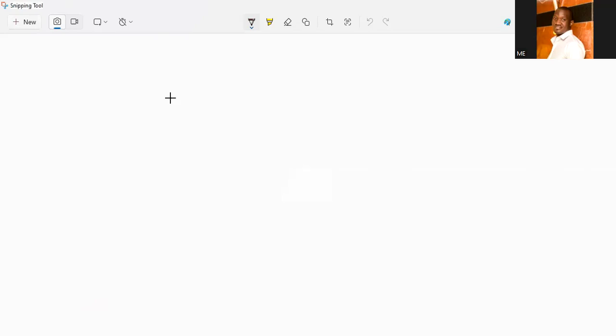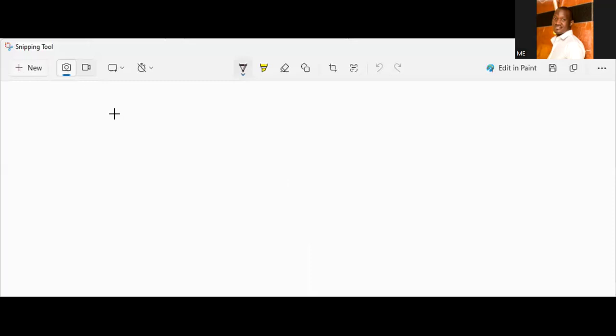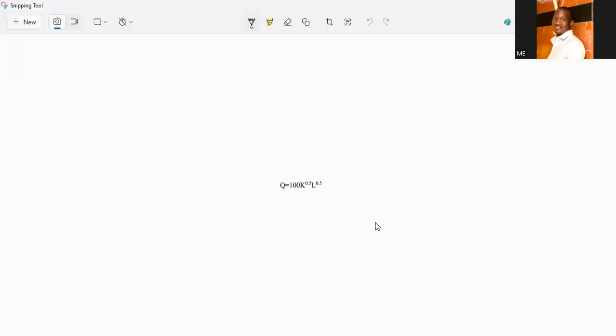Help me differentiate just the function for this. Let's differentiate this together. Q is equal to 100K^0.5 L^0.5. So what is dQ?